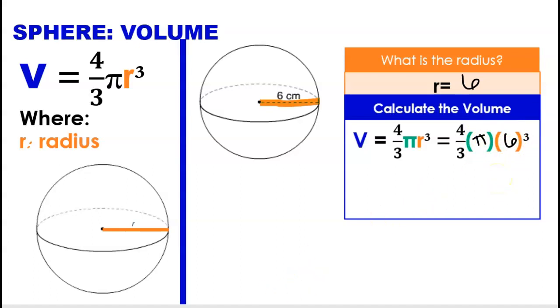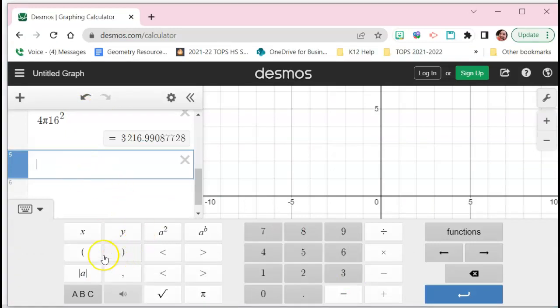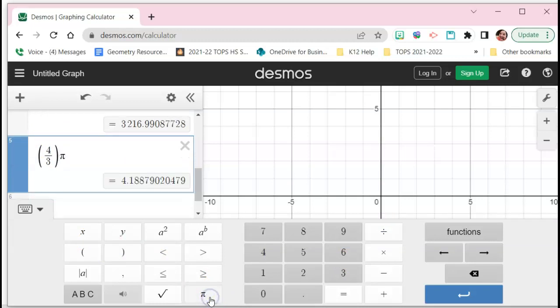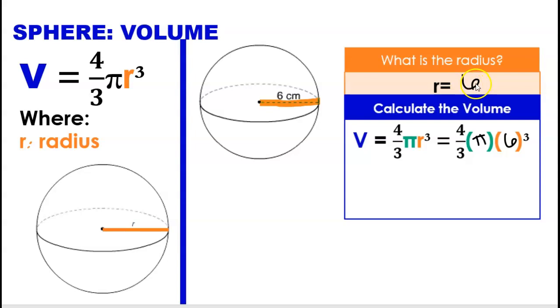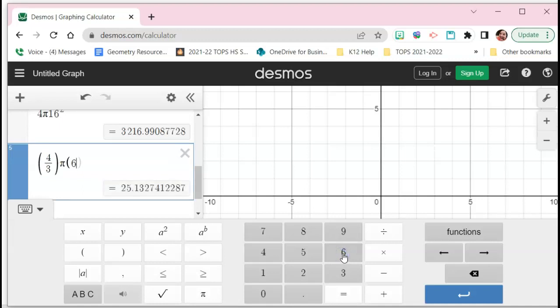Let's go straight to Desmos. Now, when we put this into Desmos, you've got to put that 4/3 into parentheses. So parentheses, 4 divided by 3, close parentheses, then pi times radius cubed. The radius is 6. So we're going to have 6 to the 3rd power.